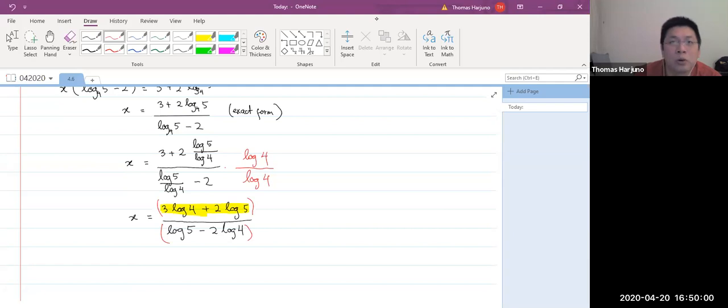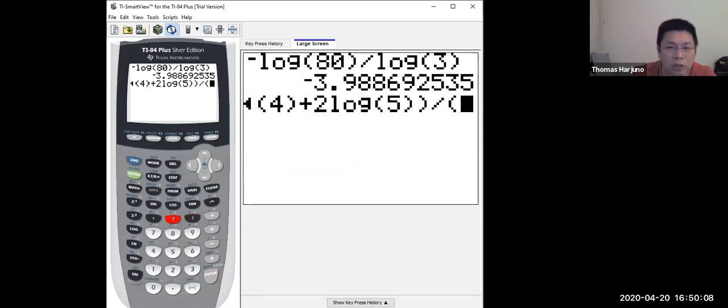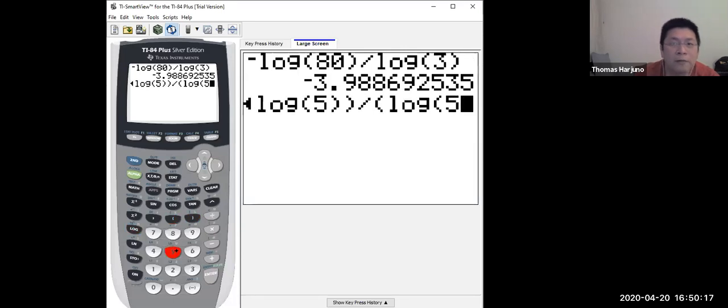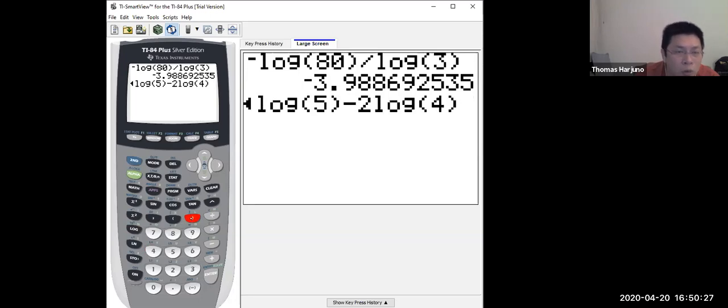So go back to our calculator. That's divided by open parentheses. Now we start with the chunk on the denominator: log 5 minus 2 log 4. Log 5, close that, minus 2 log 4, close that 4, then close the denominator.